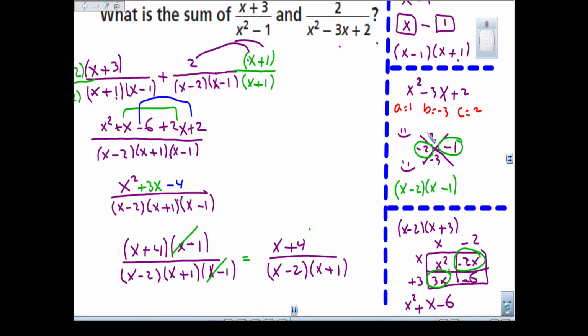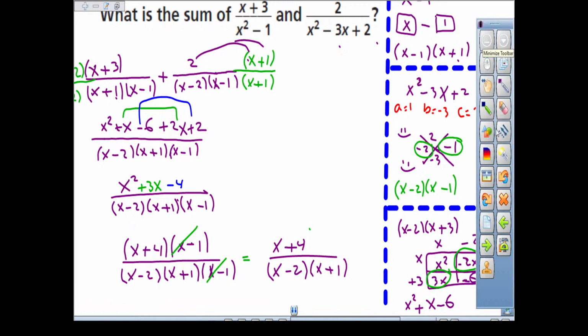Okay, that's going to be the final story on this problem here.